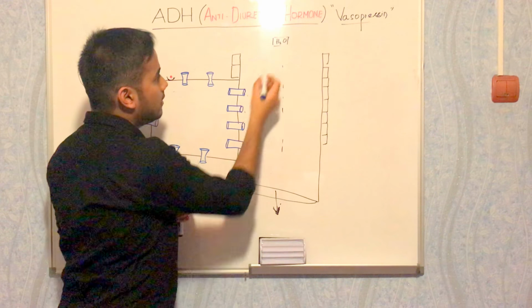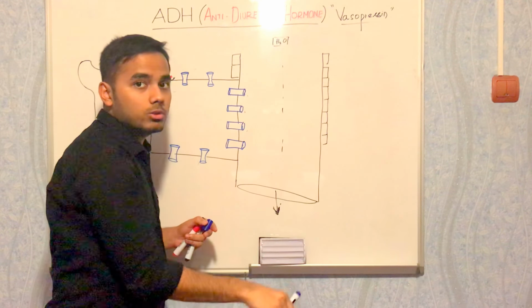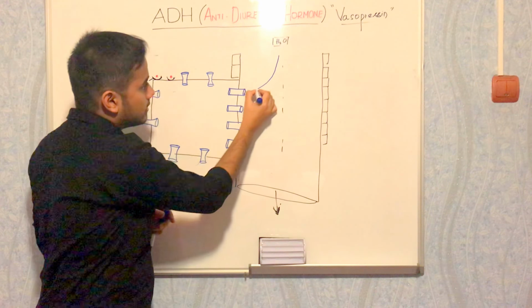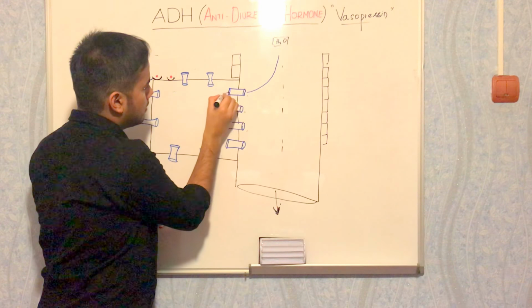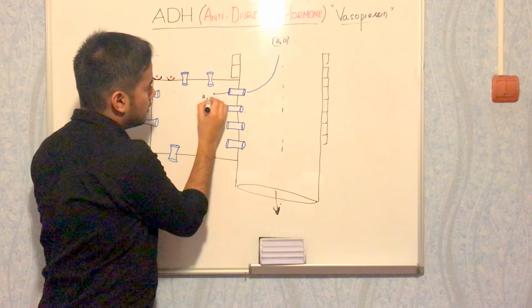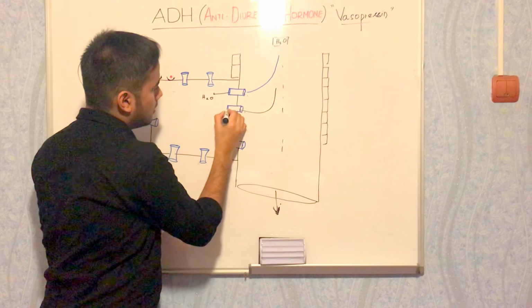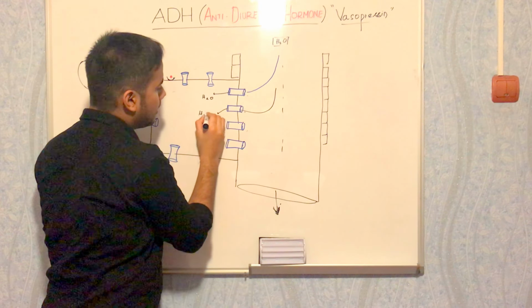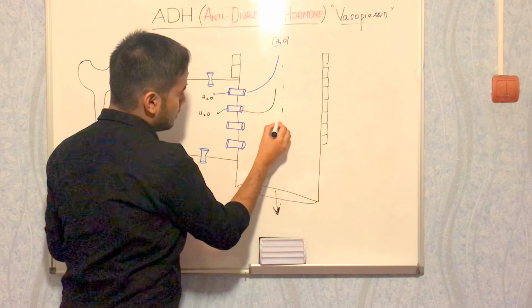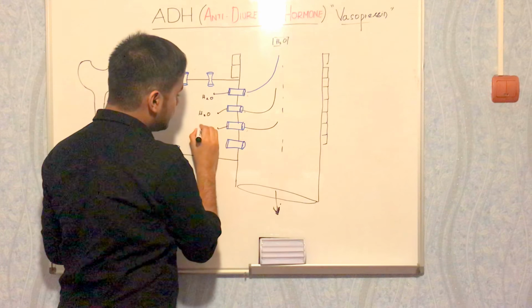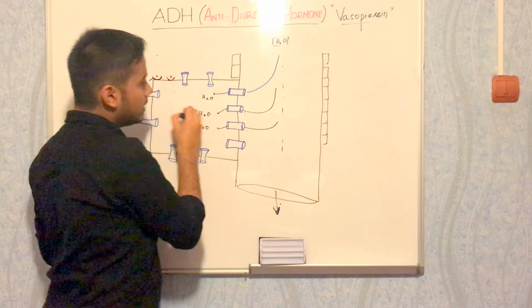The gates are opened, and the water which was passing outside of your body before now enters in this way. Not 100% of the water, but around 60 to 70% of the water is reabsorbed back into the cell.